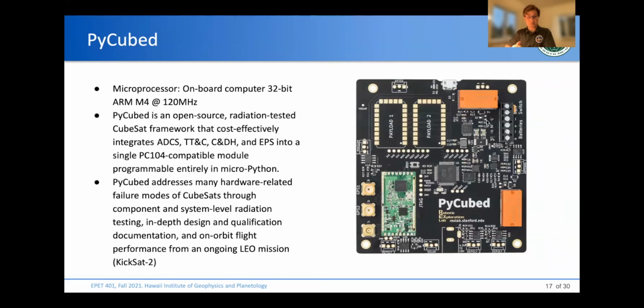Okay, and now we jump into the PyCubed, which is one of the boards in the flight computer we're using for our mission. So this is an onboard computer with a 32 bit ARM M4 microprocessor, I should say, running at around 120 megahertz. And there's a bit of a difference between microcontrollers, microprocessors, and processors.